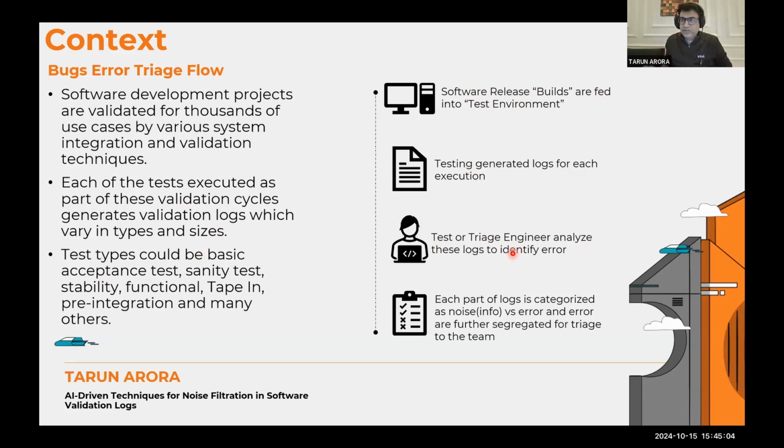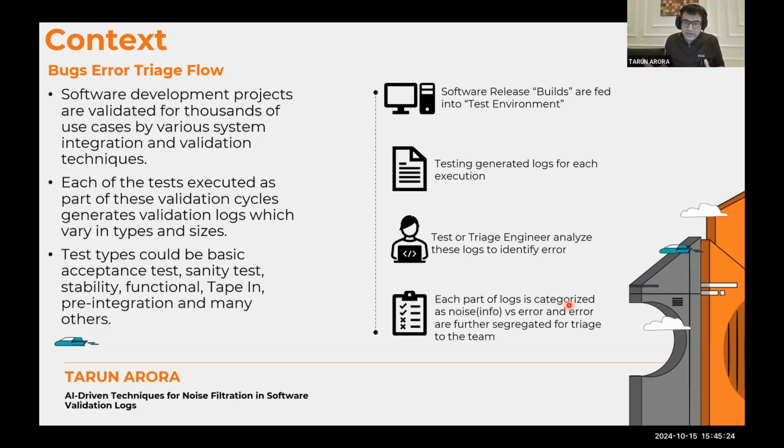They may use some scripts or they would do it manually, but again, they try to analyze the logs, read through each and every log, and figure out whether there is any error or not, right? And each part of the log is categorized as noise or a real error, right?